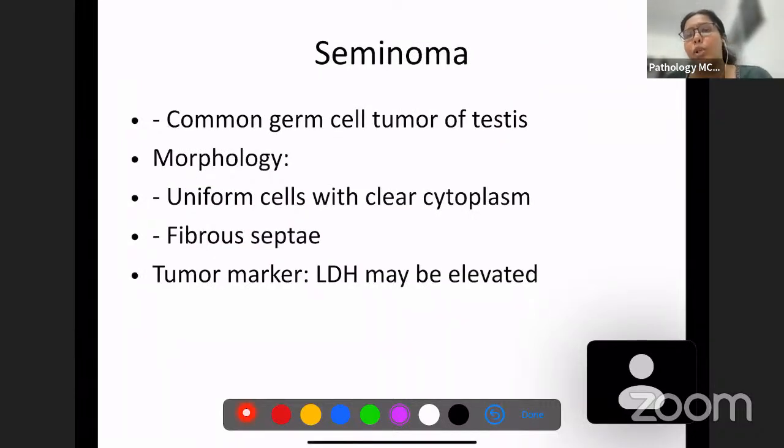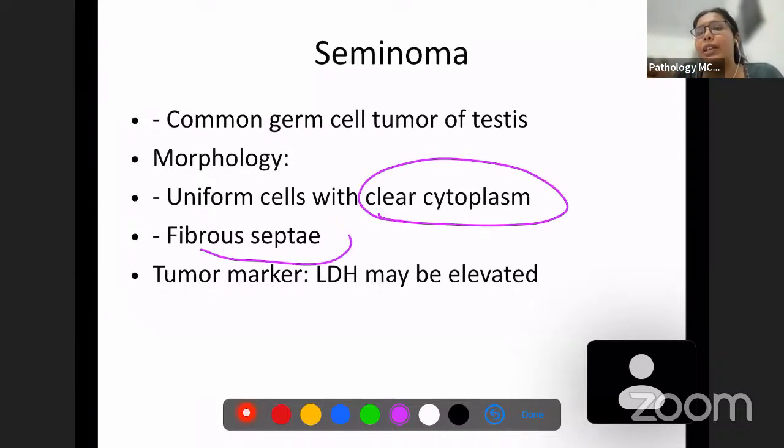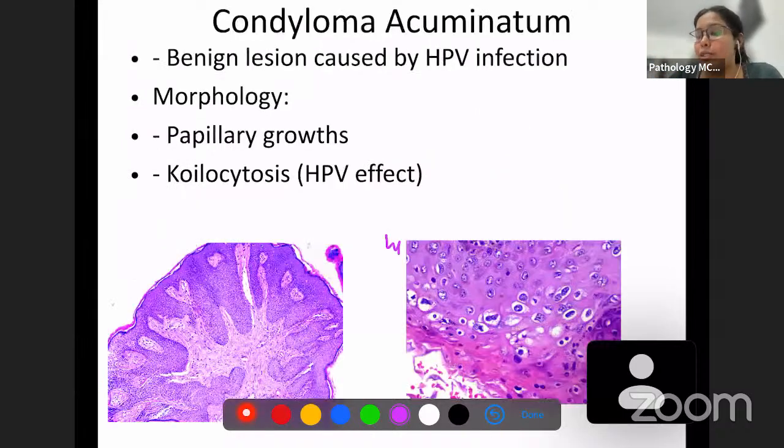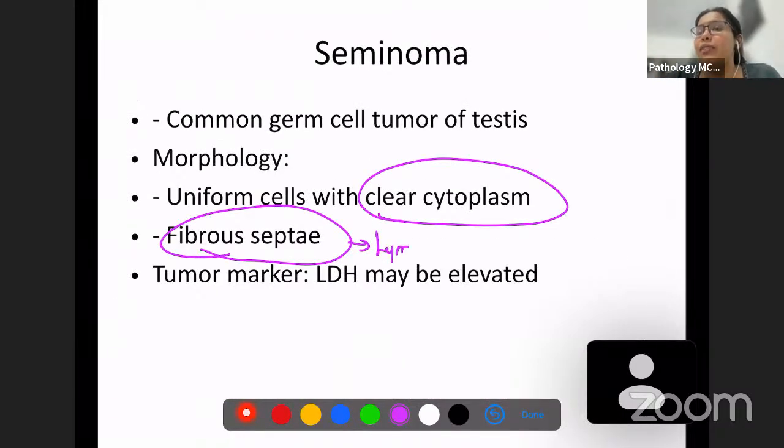Now seminoma we've already discussed, but always remember seminoma is most commonly asked. You will have to remember that the classic histopathologic feature of seminoma is clear cytoplasm and fibrous septae which have lymphocytes.